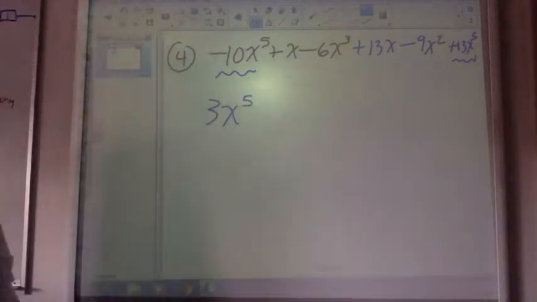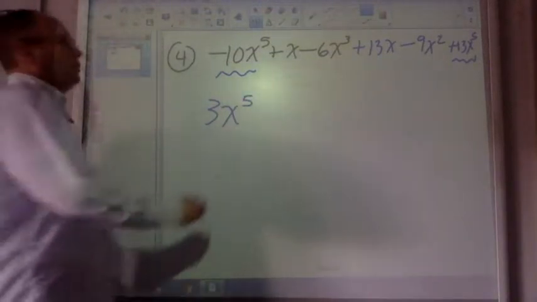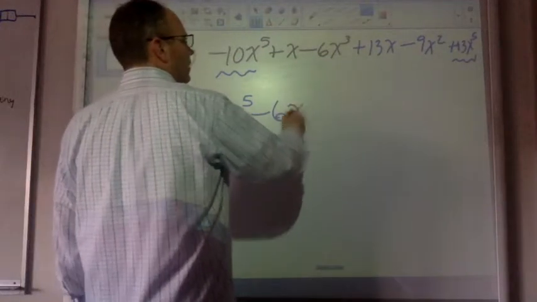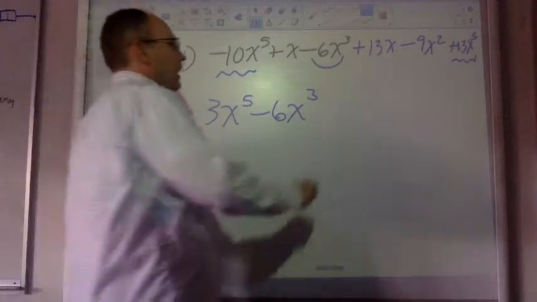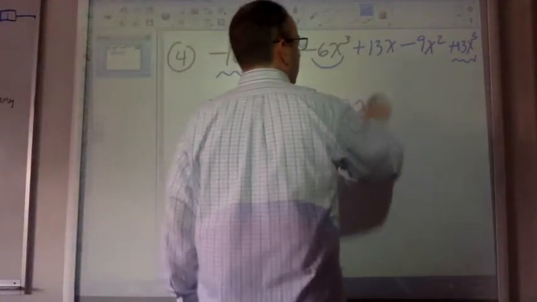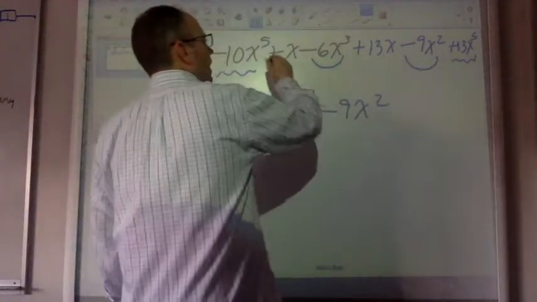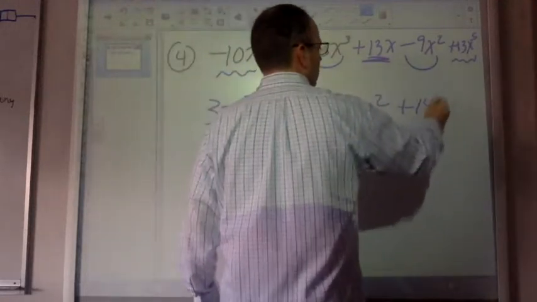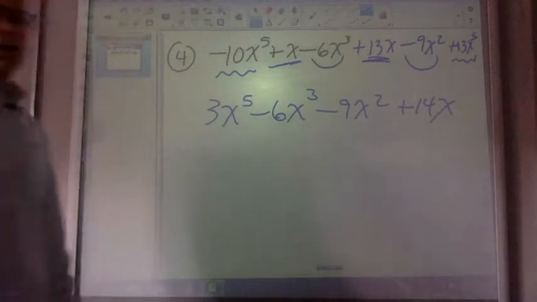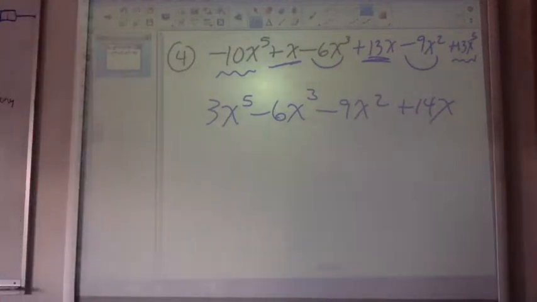Agreed? And then I have negative 6x to the 3rd. There was nothing else to combine with that. Negative 9x squared. And then I can combine this one and this one to give me plus 14x. Done. Anything else, 1 through 6?